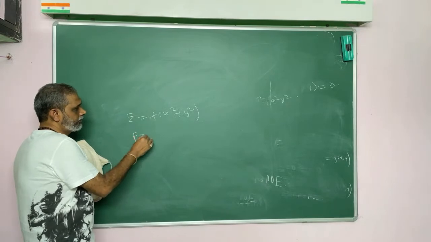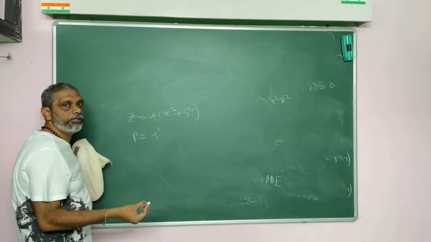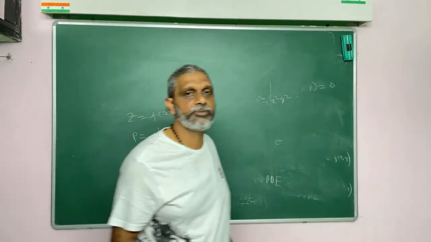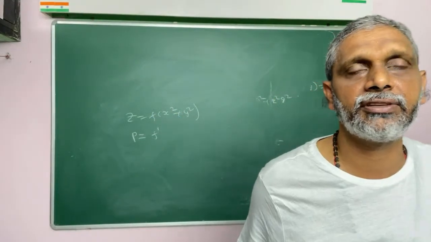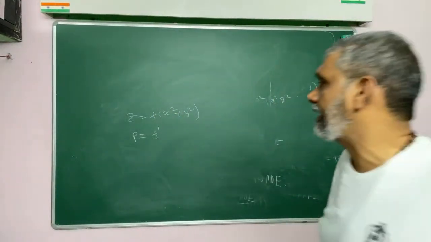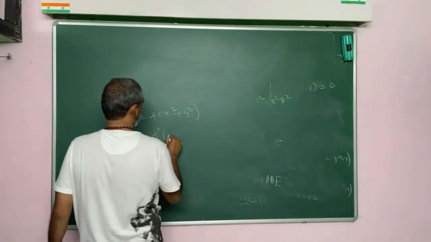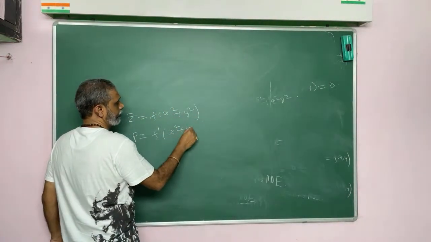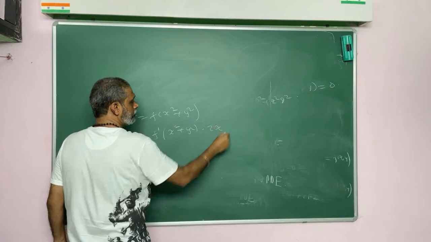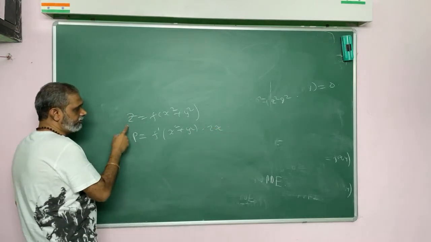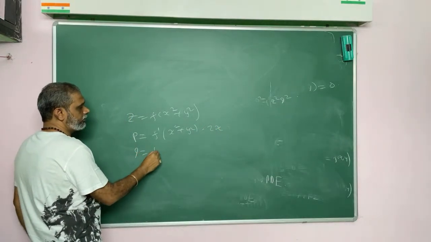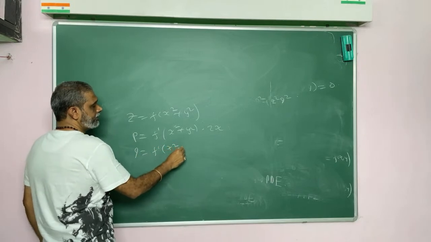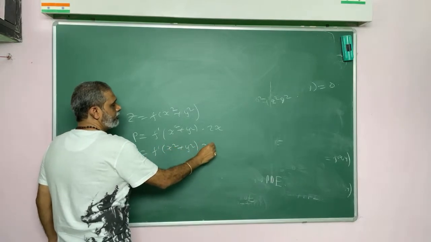P is equal to what? F I don't know. If I know sine of x square plus y square, I can write cos of x square plus y square. F I don't know, so what will I get? F dash of x square plus y square into 2x. Then differentiate with respect to y, what will I get? Q is equal to f dash of x square plus y square into 2y.